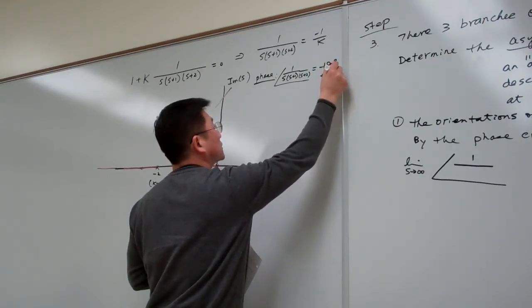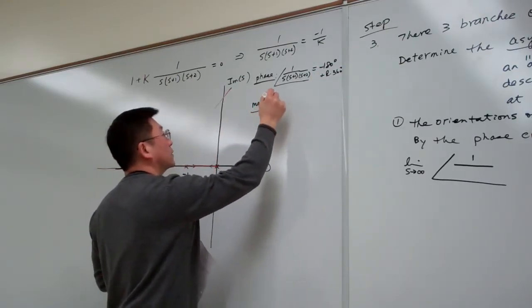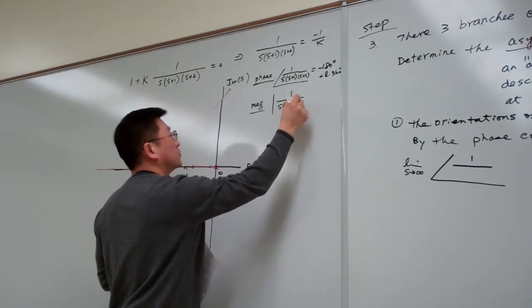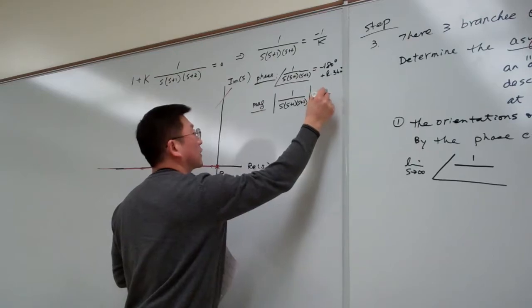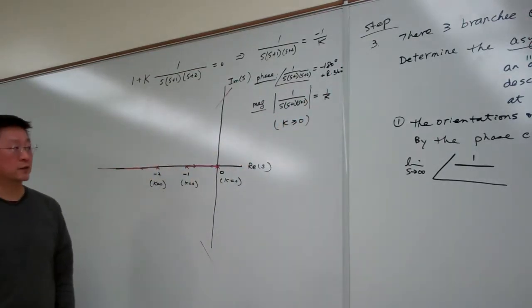L times 360. And for the magnitude, we have the magnitude of s(s plus 1)(s plus 2) equal to 1 over k. Here we consider the case where k is non-negative.